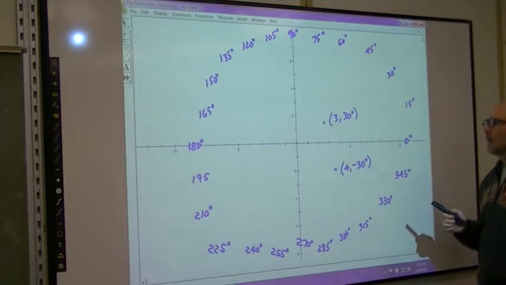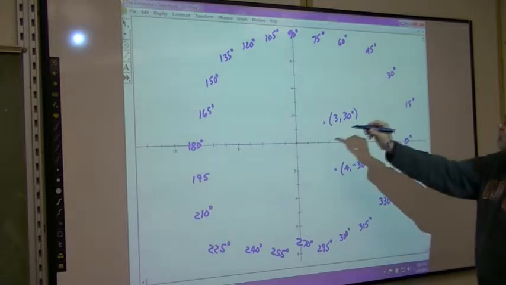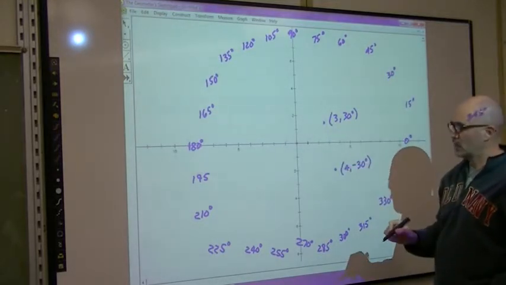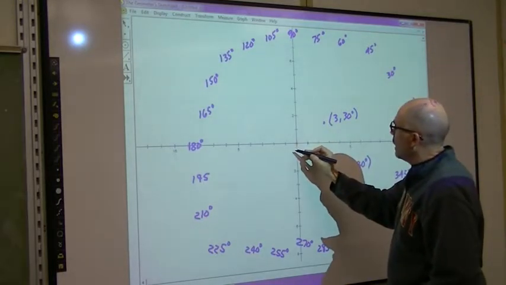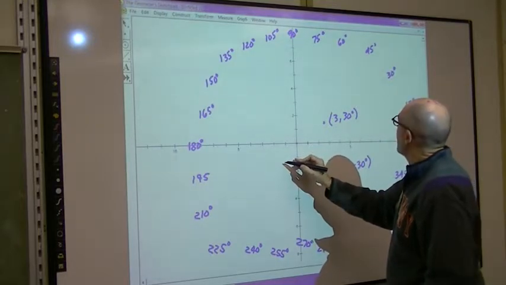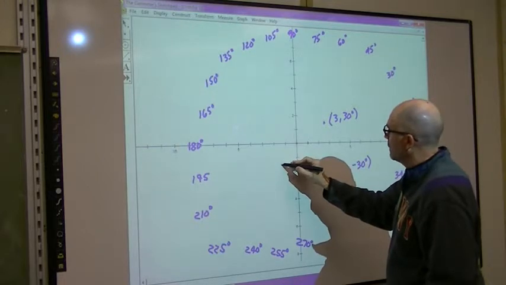Now, what about I take the 45-degree angle, but I want to go the opposite direction. So let's go 2 in the negative direction of the 45-degree angle.